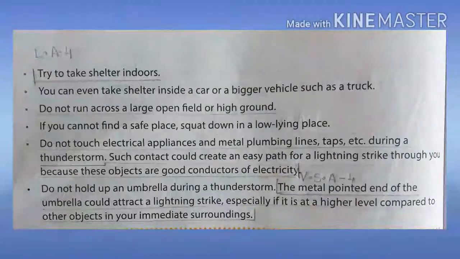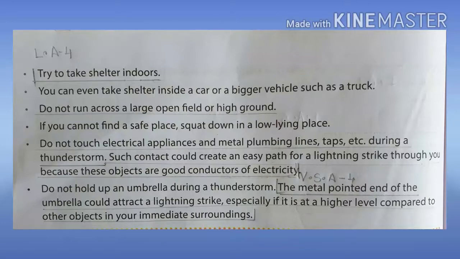Now we'll be discussing long answer 4, which is on page number 212. What is the question? List 3 steps that we can take to protect ourselves from being struck by lightning during a thunderstorm. On page number 212, see on the top, long answer 4 I have written, and 3 points you have to write. First, take shelter indoors.